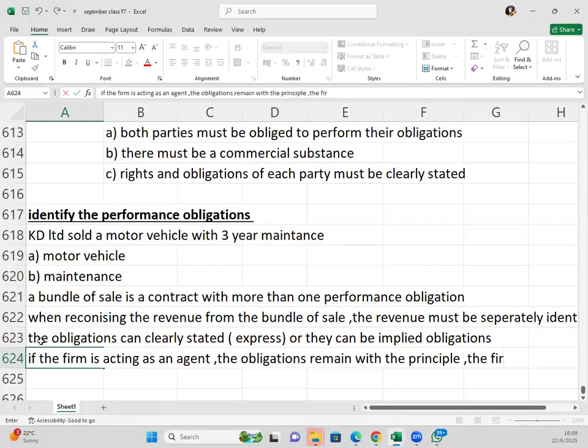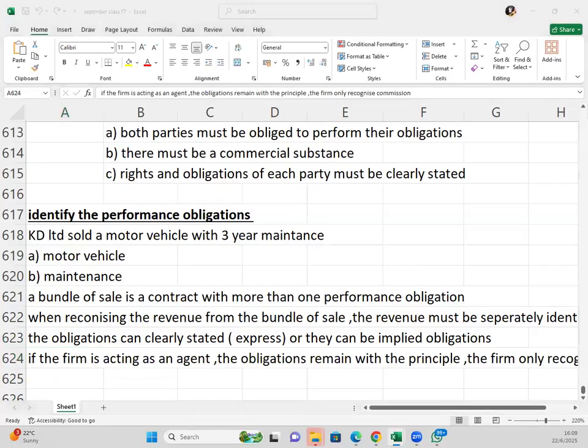The firm only recognizes commission. So if you're acting as an agent, what you are only entitled to is commission.